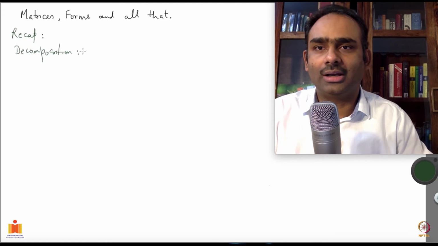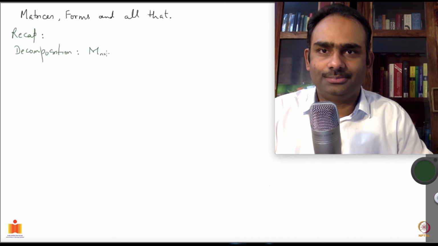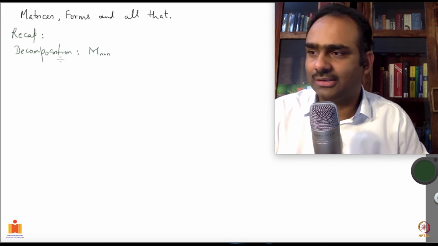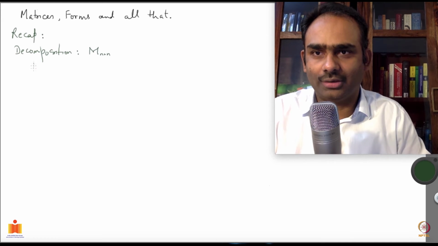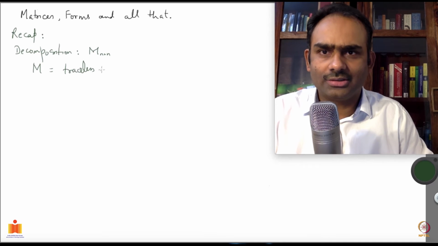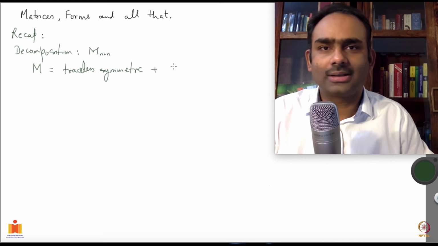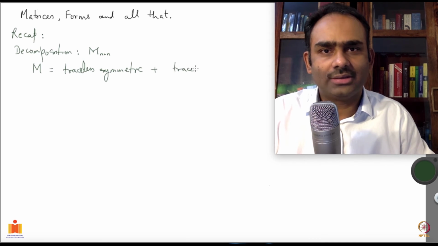So if you have a matrix M which is n cross n, then you can write M as a traceless symmetric part plus the trace of M, which is a number.